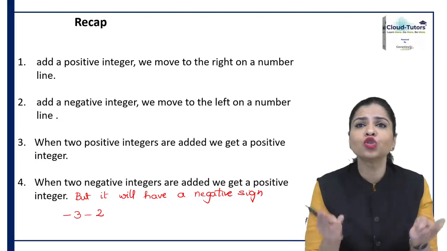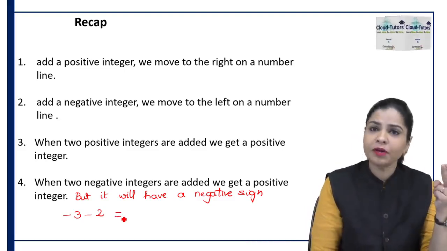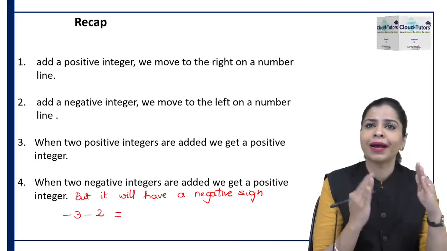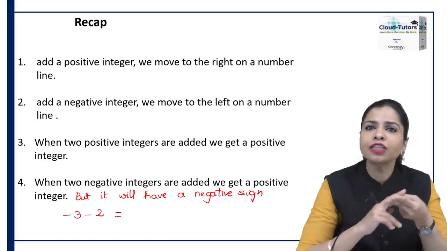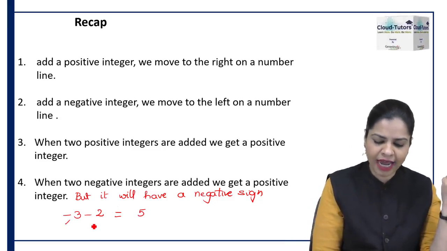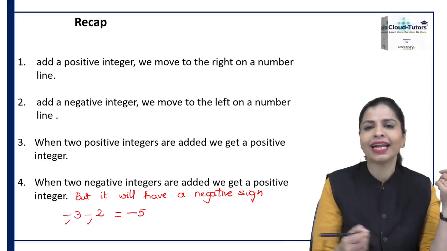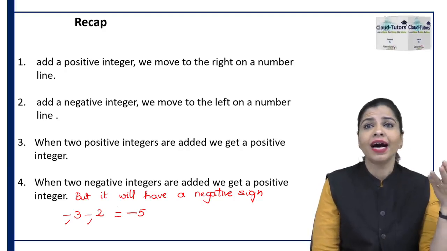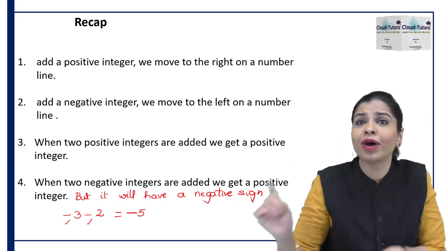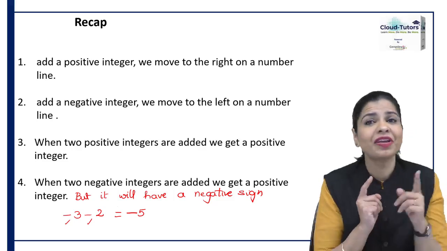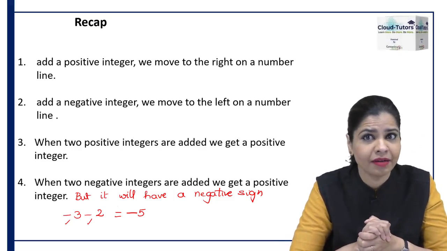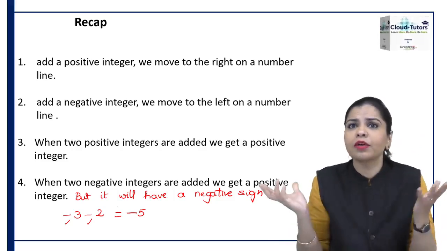So when I add these two negative numbers, since both signs are negative, I will add the two numbers. 3 plus 2 is 5. But since both have negative signs, I simply write the negative sign along with the final answer. I hope this is clear to you, right? What happens if one is negative, one is positive? We have just seen it. The value, actually we are subtracting. Really? Yes. But then what about the sign?